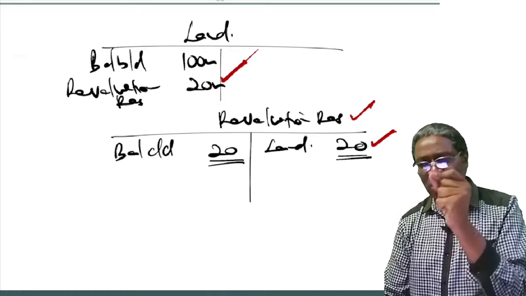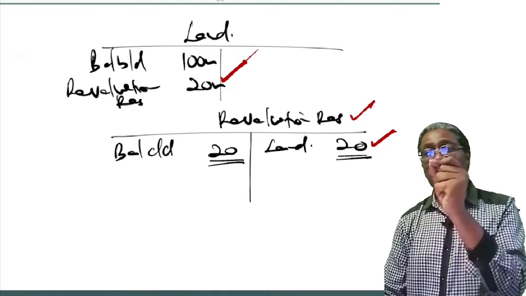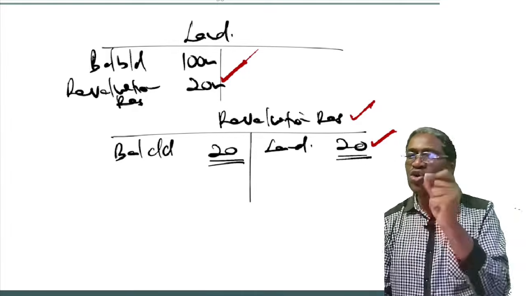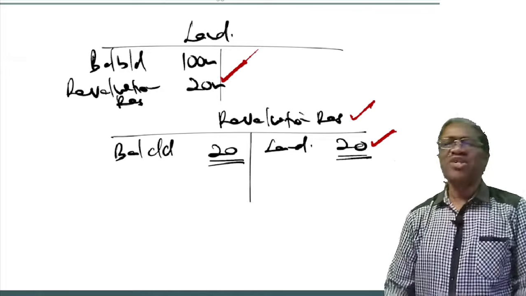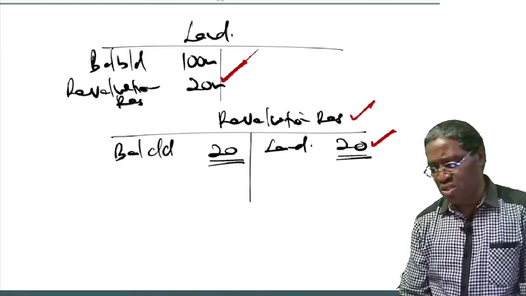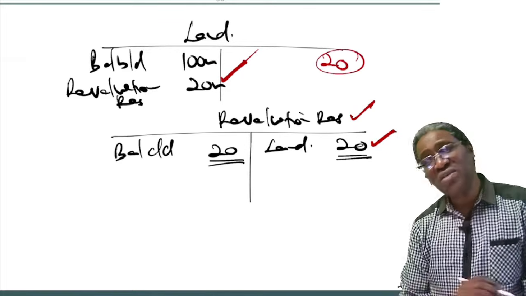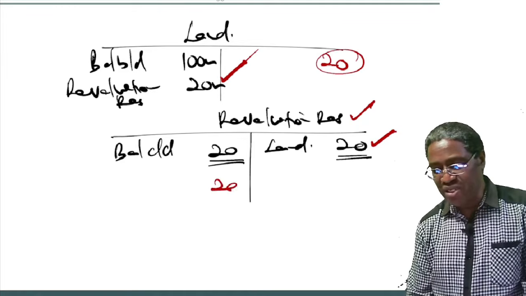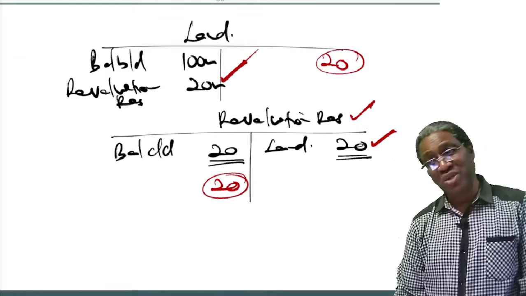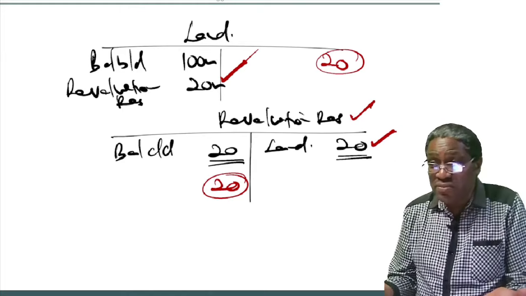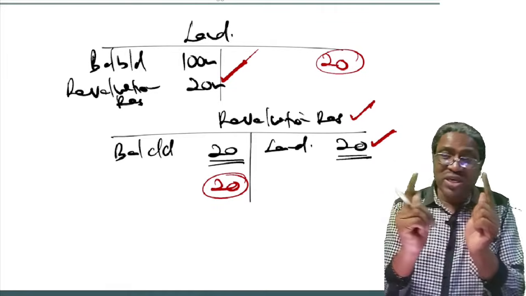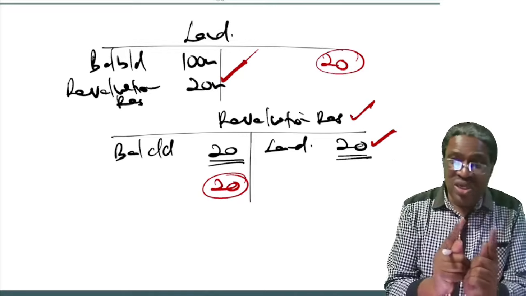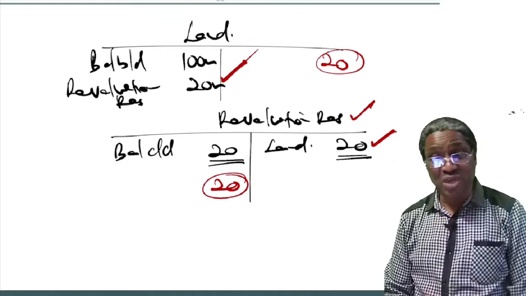So the revaluation reserve, though it's a non-cash item, doesn't go through P&L. It could be you revalued your land downwards. So you must have credited the land by 20 million and debited revaluation reserve by 20 million. You did not credit the asset and debit the P&L account by 20 million loss.